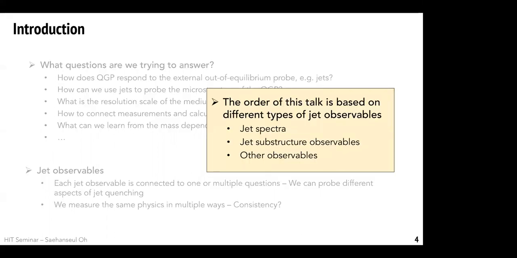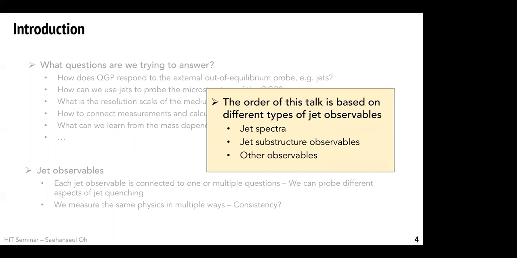So today, my talk is ordered based on different types of jet observables. At the beginning, I could have organized my talk based on a given question, with these being the results related to that question.